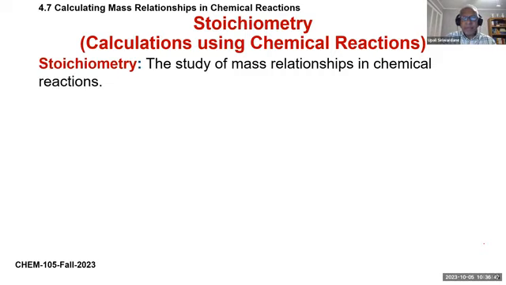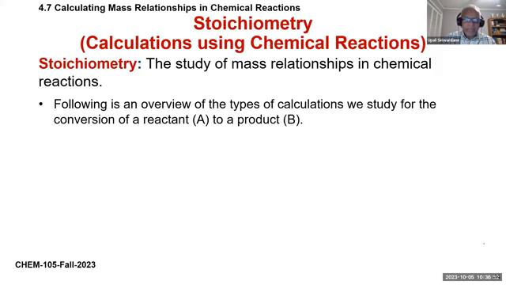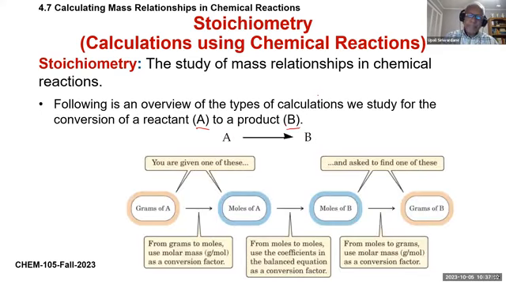Stoichiometry is the study of mass relations in chemical reactions. If you have a reaction, A is going to B, the stoichiometric coefficients are 1 here. How do you do a stoichiometric calculation?